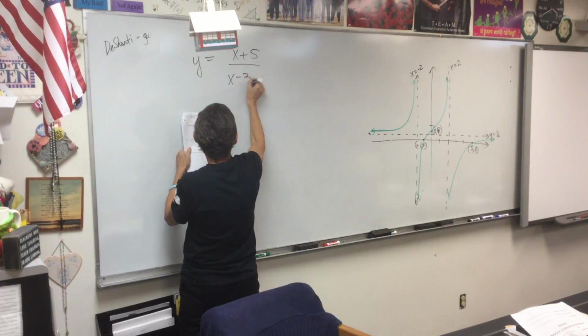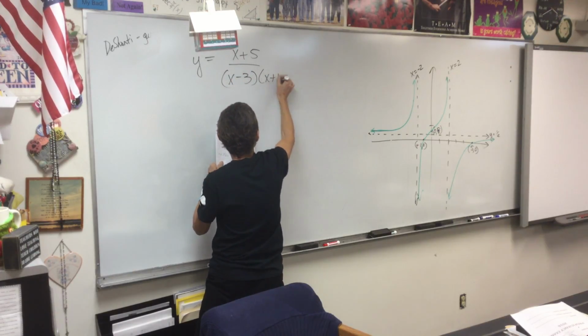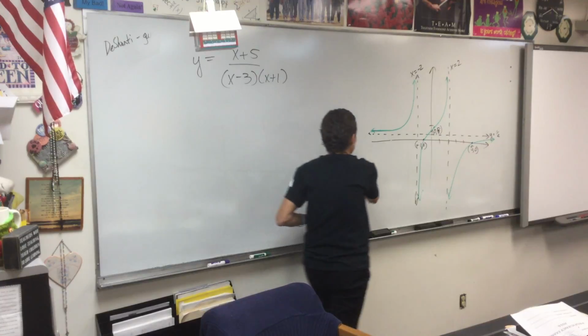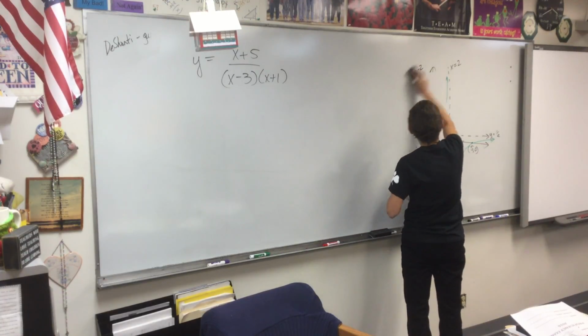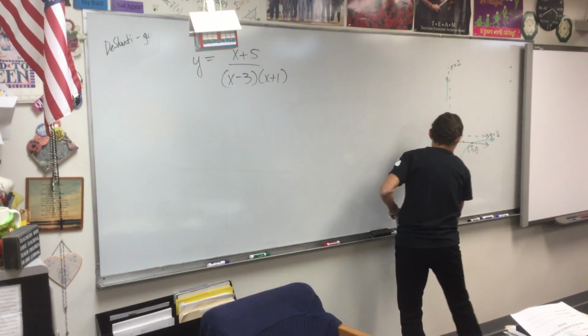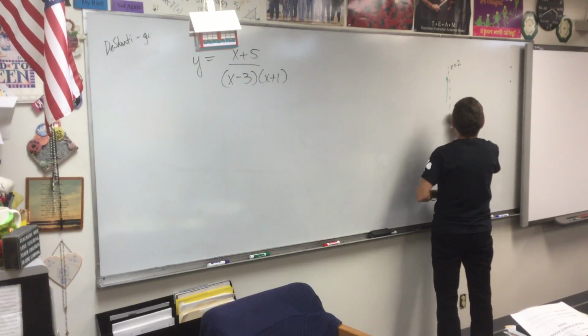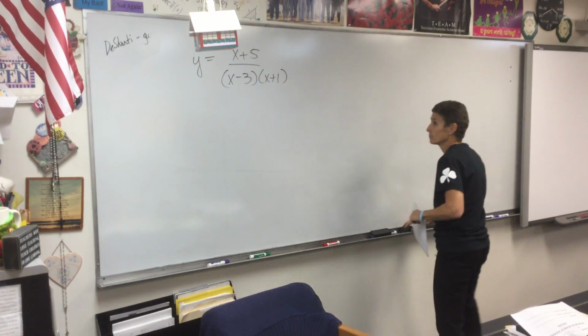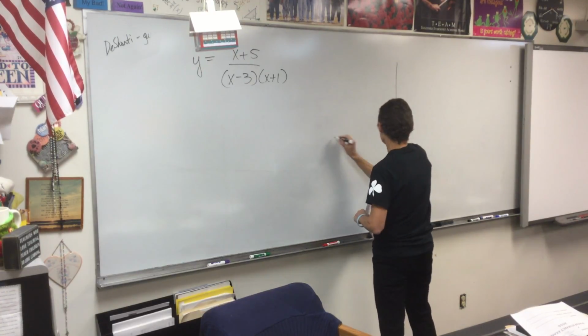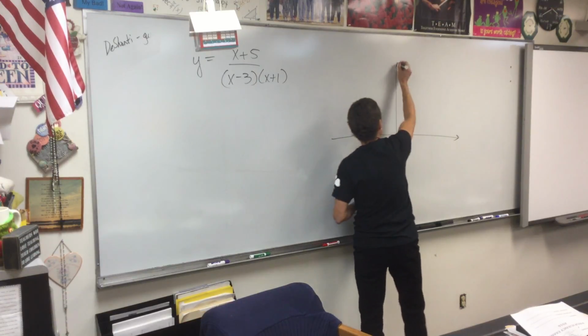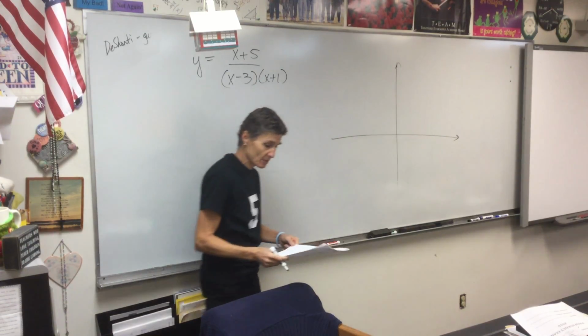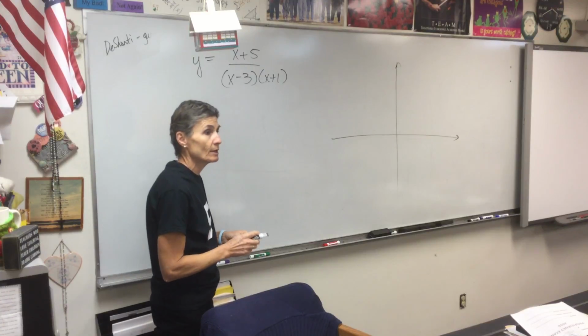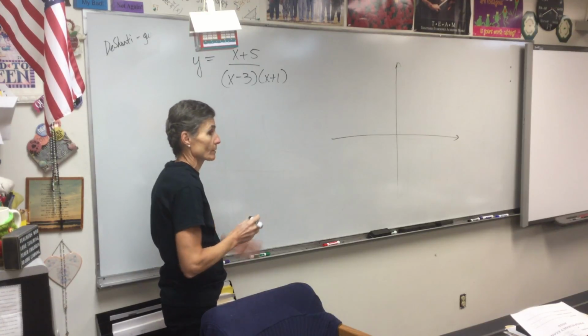That would be x minus 3 times x plus 1. Is that right? Yeah. Okay. Now, what's a little bit different about this guy? Do you notice anything? Well, let's just start filling stuff in. I think you'll figure it out when we get to it here. What do you know? Denominator factor.